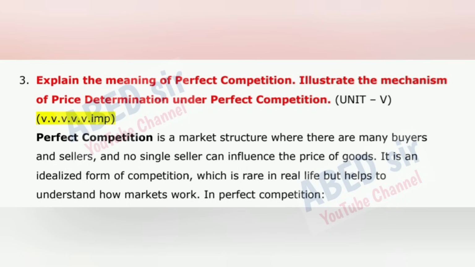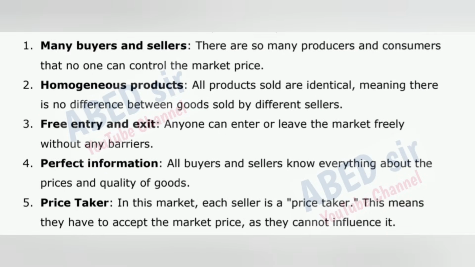Perfect competition is a market structure where there are many buyers and sellers, and no single seller can influence the price of goods. It is an idealized form of competition, which is rare in real life but helps to understand how markets work. In perfect competition: 1. Many buyers and sellers.